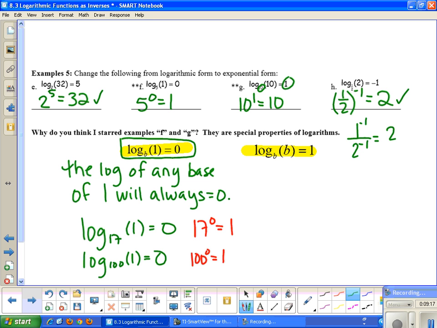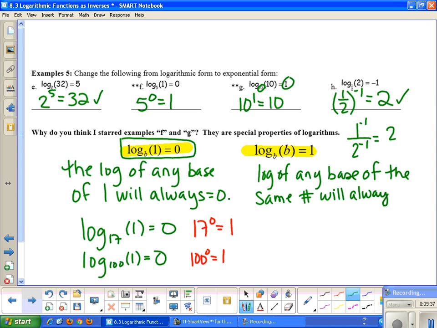The next one says the log base B of B is equal to 1. So the log of any base of the same number will always equal 1.